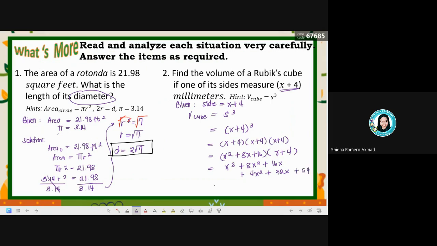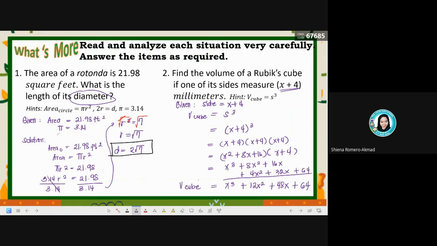We have to add this. What will be our answer? Our answer would be x cubed plus 12x squared plus 48x plus 64. Okay, so this is the volume of a cube in the form of a polynomial function. So, nasa form siya ng polynomial function.